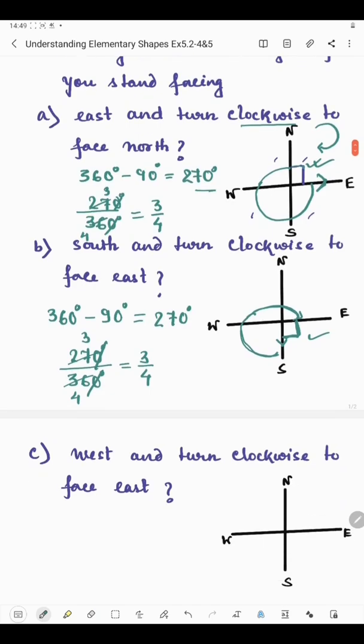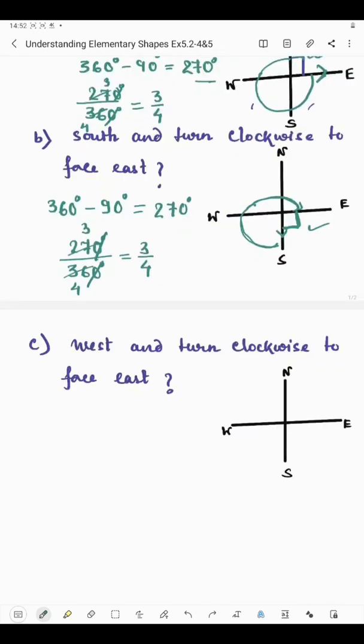Now coming to the C part. In the C part we have, what part of a revolution have you turned through if you stand facing west, okay, and turn clockwise to face east. So here we can easily say that it makes 180 degrees, 180 degrees out of 360 degrees, because this is the complete revolution.